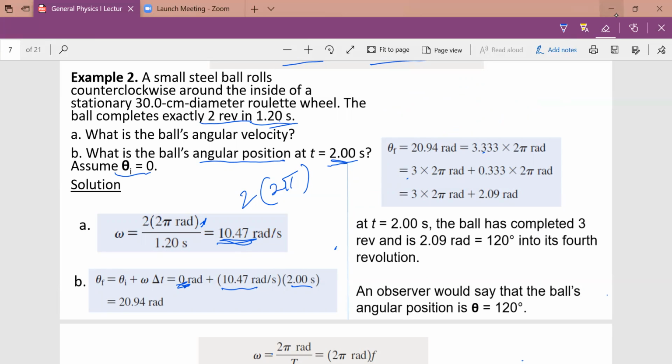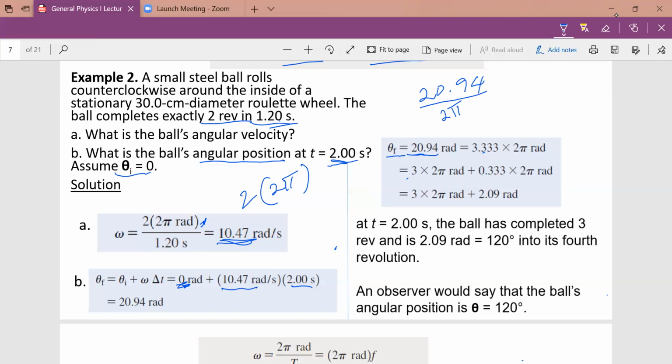So if we have the final position to be 20.94 rad, to take this in terms of the revolution covered, what we did was to say 20.94 all over 2 pi, because that is 1 revolution.